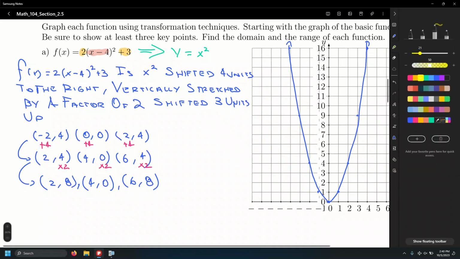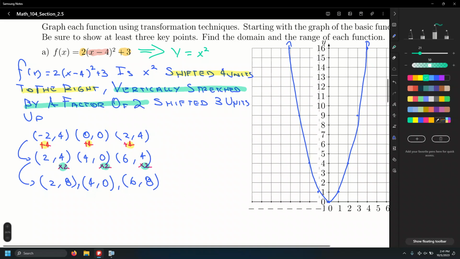We did the shifting of the 4 units to the right by adding 4 to the x coordinate. Then we did vertically stretched by a factor of 2, which implies multiplication of the y's by 2. And then finally, the shifting 3 units up.